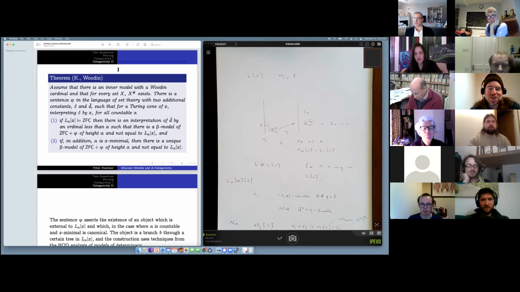Therefore, it would have been a natural candidate that phi is the sentence V equals L of zero sharp. So that one's ruled out, and likewise, V is some particular set generic extension of L also doesn't work. Are there any other natural candidates that you've ruled out for producing a beta categorical theory?